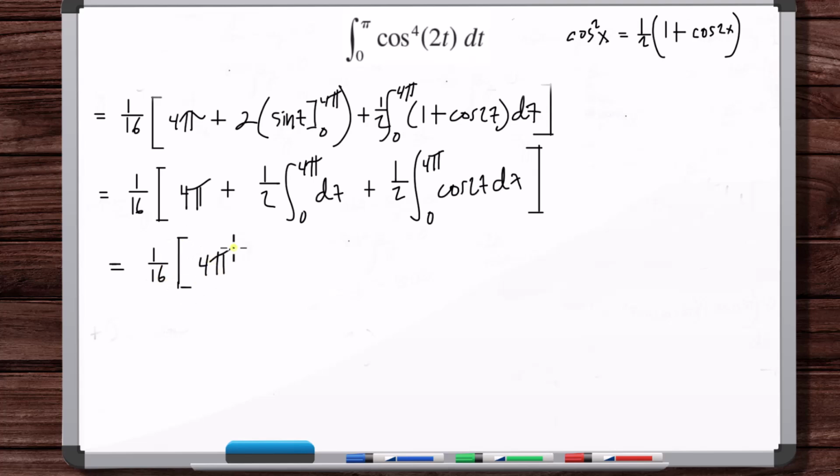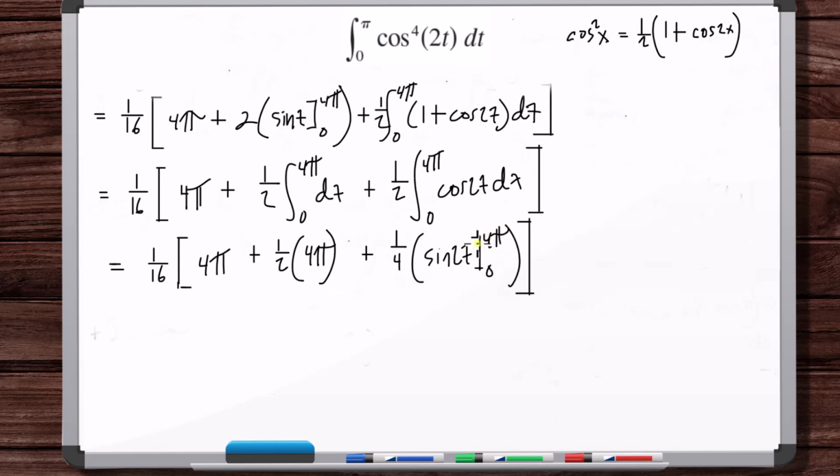So 4 pi, and then here we've got 1/2 times 4 pi plus, okay, the integral of cosine 2z is 1/2 sine 2z. So let's bring out the 1/2, so 1/4 sine of 2z from 0 to 4 pi.